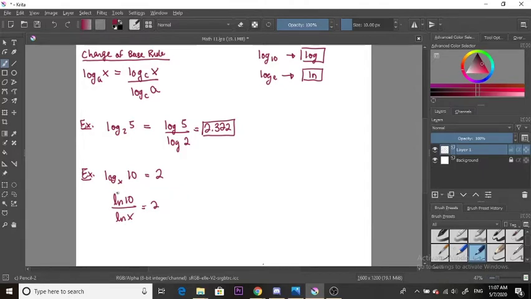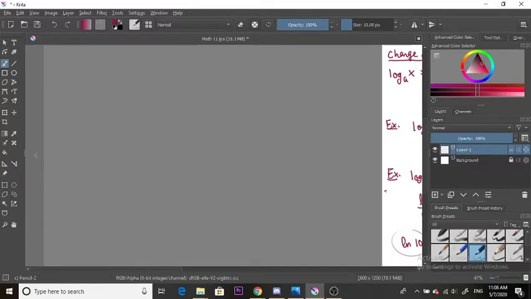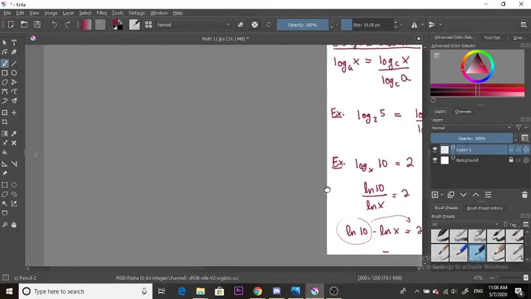Now I'm going to use my quotient rule to transform this to ln of 10 minus ln of x is equal to 2. And then I will isolate my x from this point on. So bring this guy over.